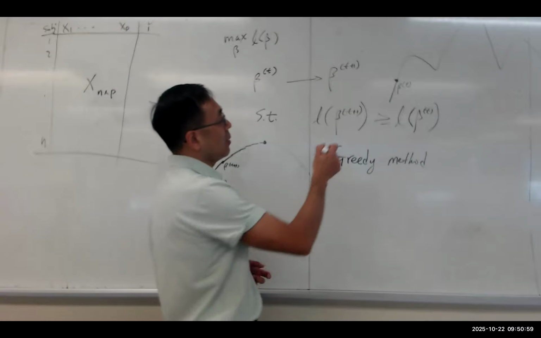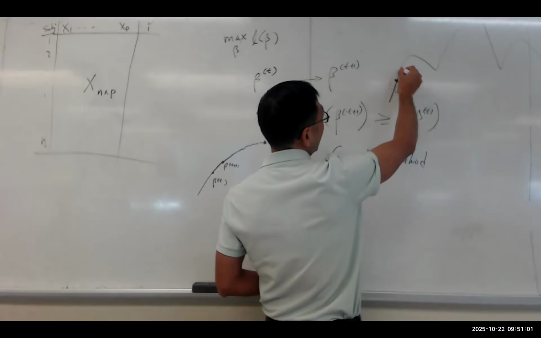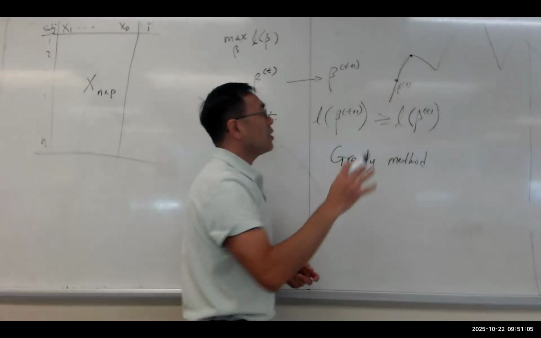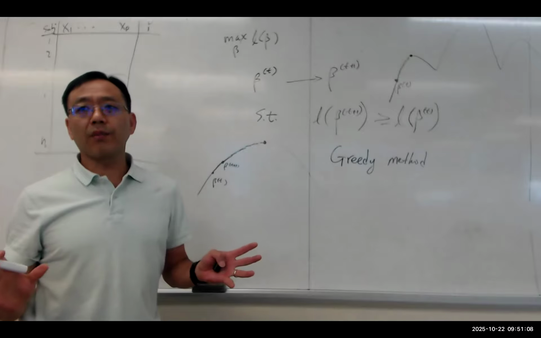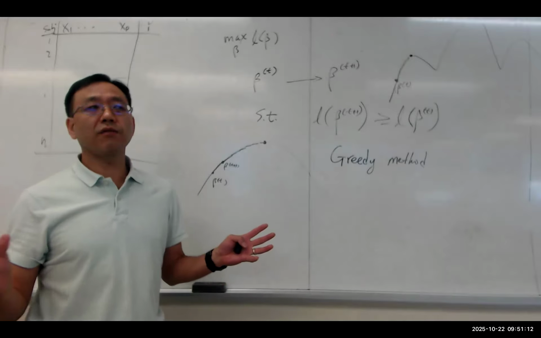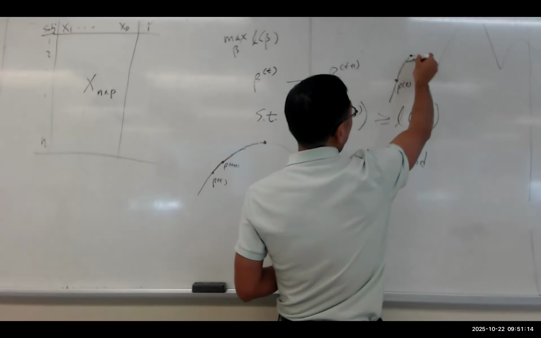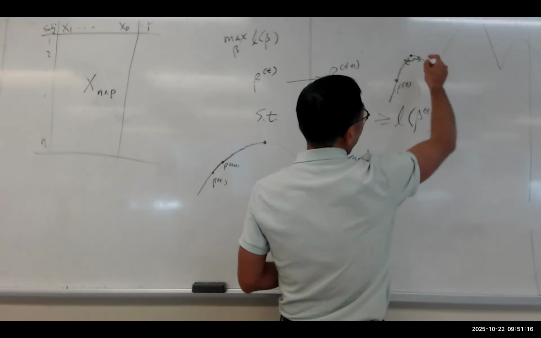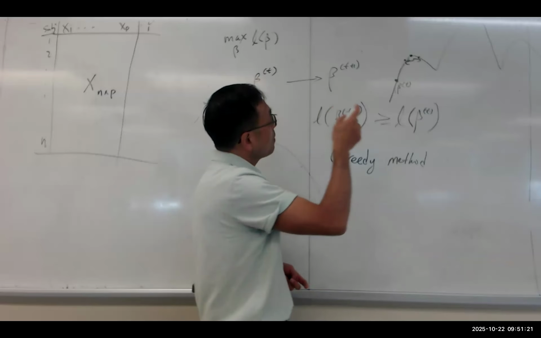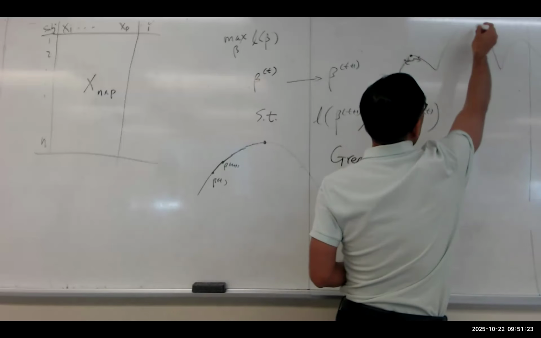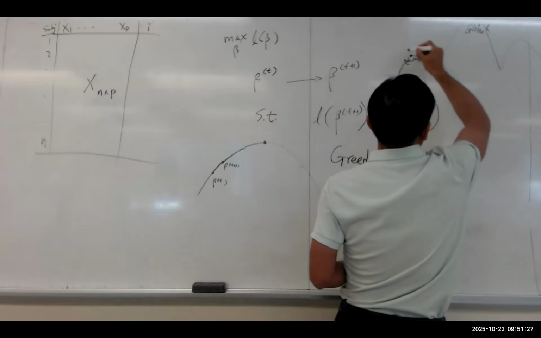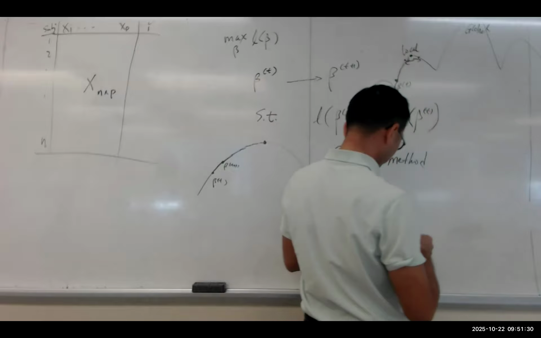The algorithm is going to climb. It's going to climb each time, up to this top. Then at this top, it will not move anymore because the algorithm thinks I already found a maximum, right? Because in this small neighborhood, if I move this way or this way, my value is decreasing, so I found a maximum. Therefore, it is not going to find this. This is a global. This is a local, right?